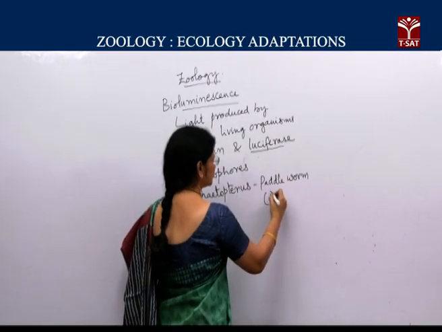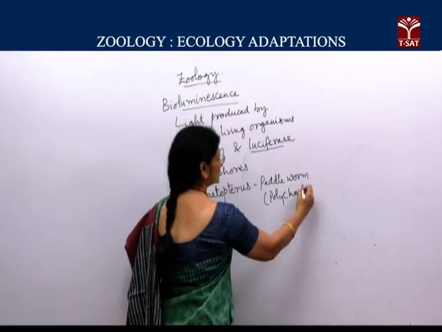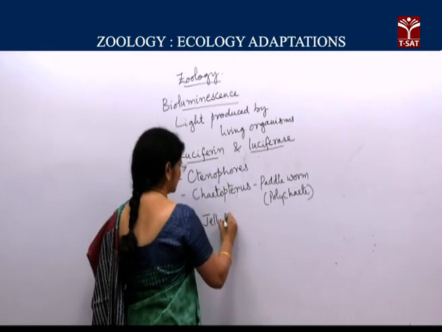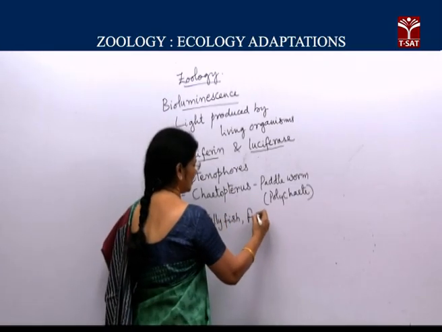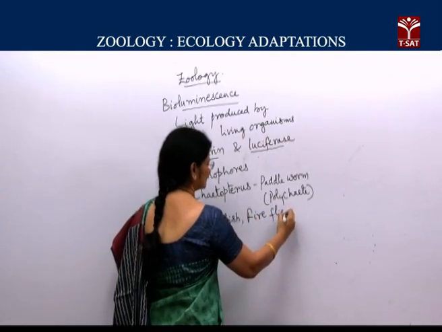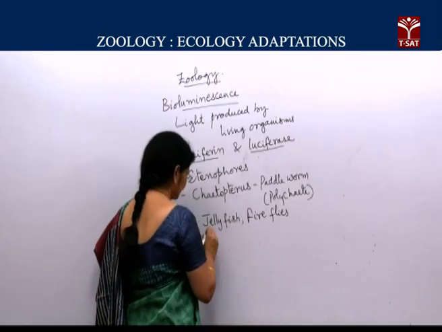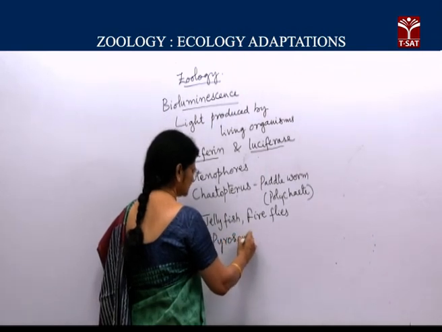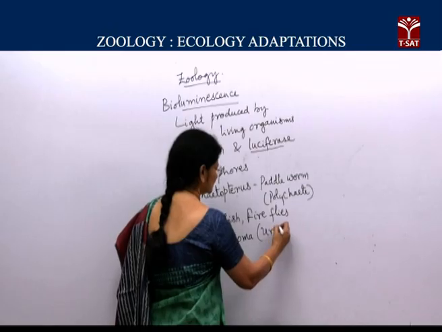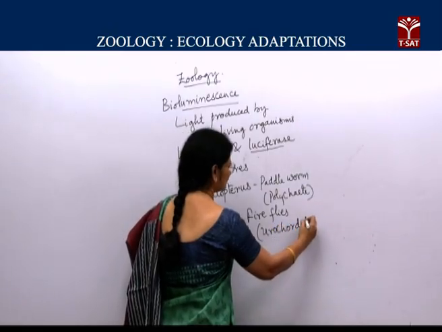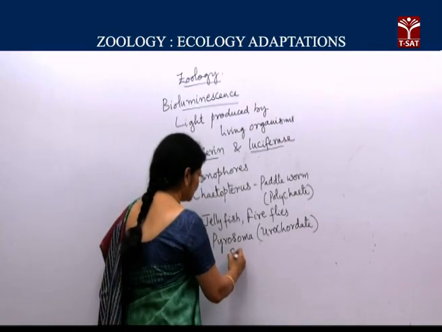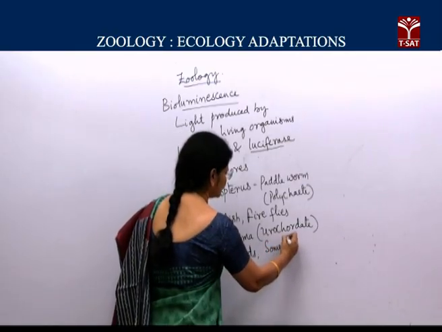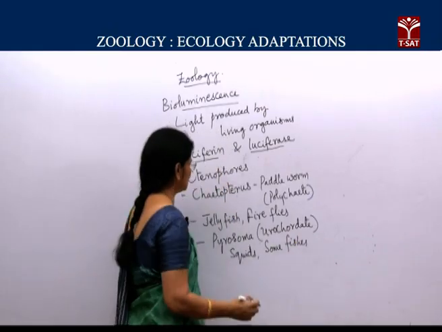This is a polychaete, annelid, and some jellyfish, cnidarians, fireflies, insects, called minugurulu in Telugu, and some fishes, pyrosoma, all these, and some squids, and some fishes. Like this, a number of examples are there.